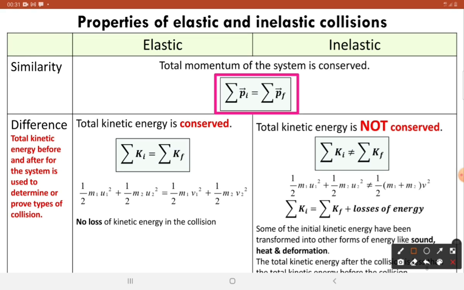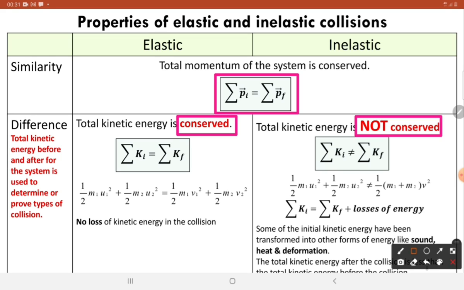But the total kinetic energy for inelastic is not conserved, while for elastic collision it is conserved.